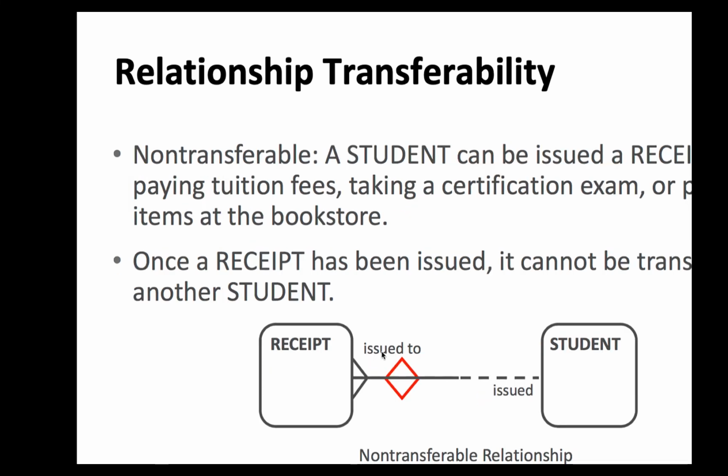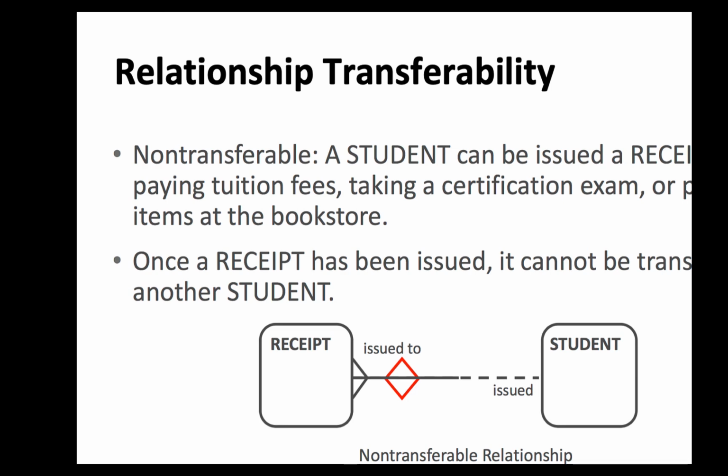So if you put a simple small diamond on top of your relationship, it will show that this relationship is non-transferable. In real life, most relationships are transferable in business scenarios, but there is a need for a few relationships in which you have to mention that the relationship between two entities could not be transferable.